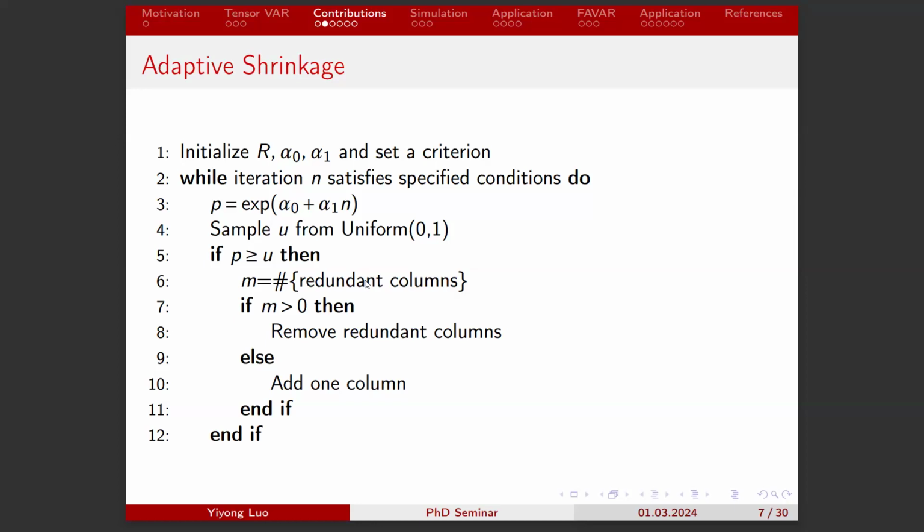If it is redundant, we just remove it, but if we don't have any redundant columns, then we add one more dimension, or one more column, to B. And after doing this, we can reduce the value of R to some lower values and accelerate the inference.